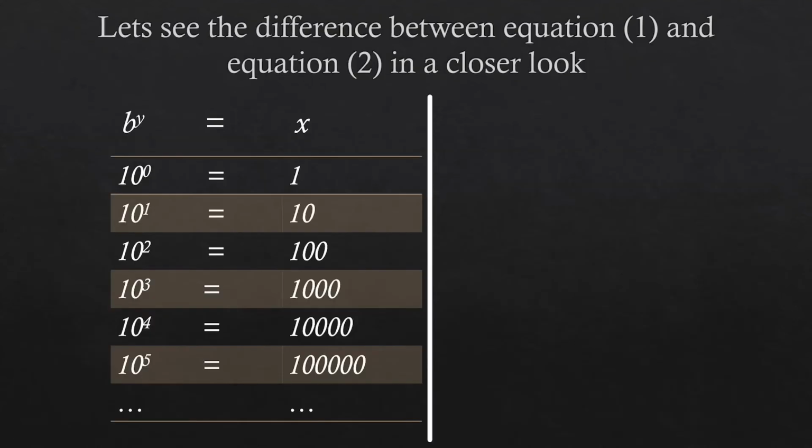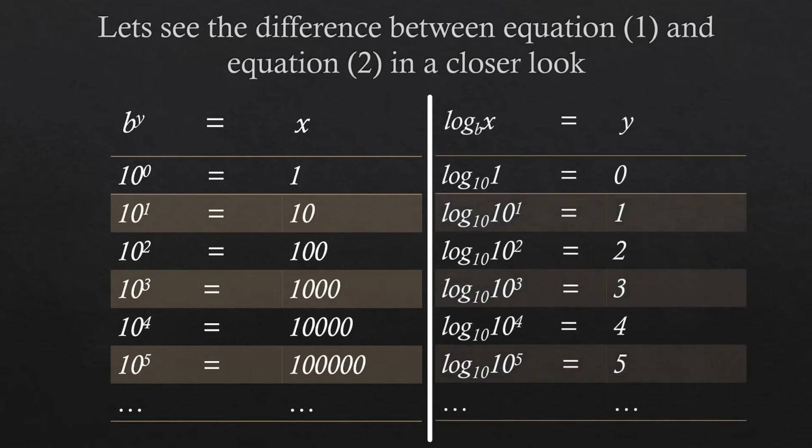Let's see the difference between equation 1 and equation 2 in a closer look. On the left hand side, I have put equation 1 and its example values, and on the right hand side, I have put equation 2 and its example values. You can see the changes in the values of equation 1 and equation 2.